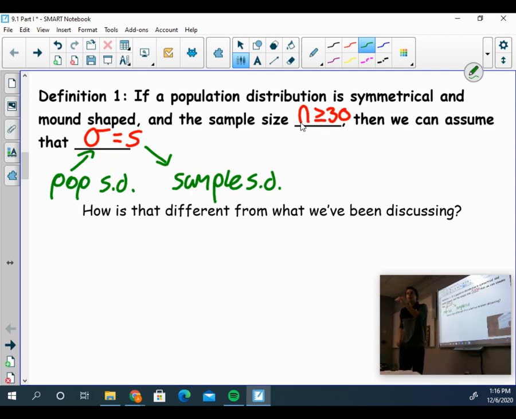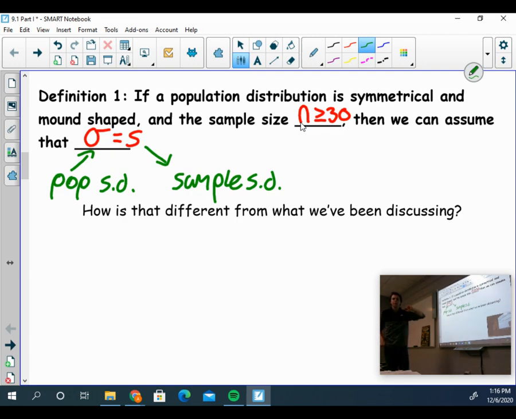Chapter 8 was all about the distribution of sample means. Take 100 samples, calculate the mean of each, and then the standard deviation of those 100 sample means was the population standard deviation divided by the square root of the sample size. I want you to see the difference there. Here, I'm taking one sample of size 30 and finding the standard deviation.